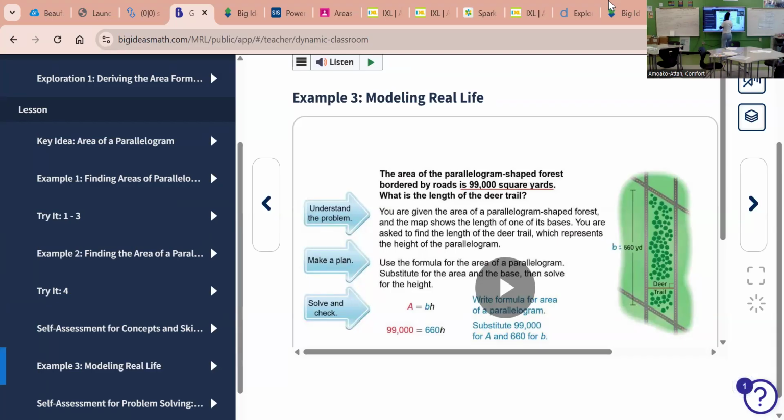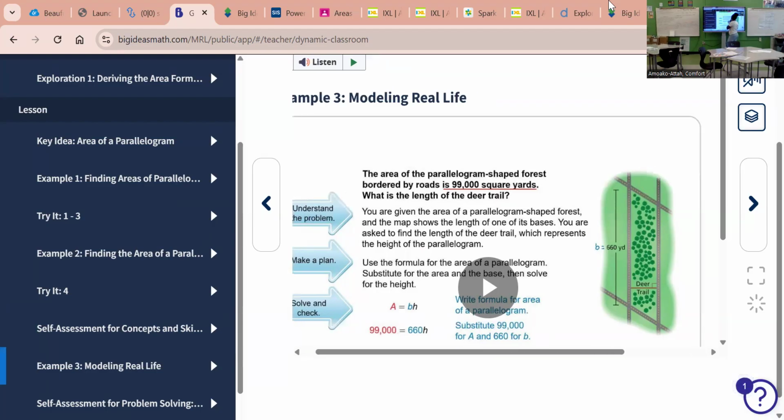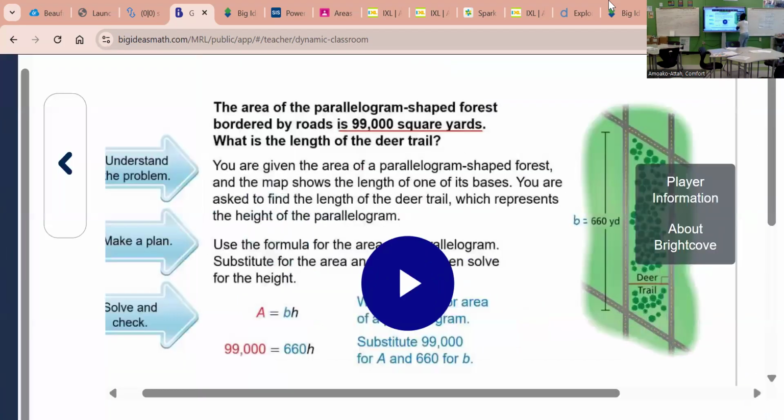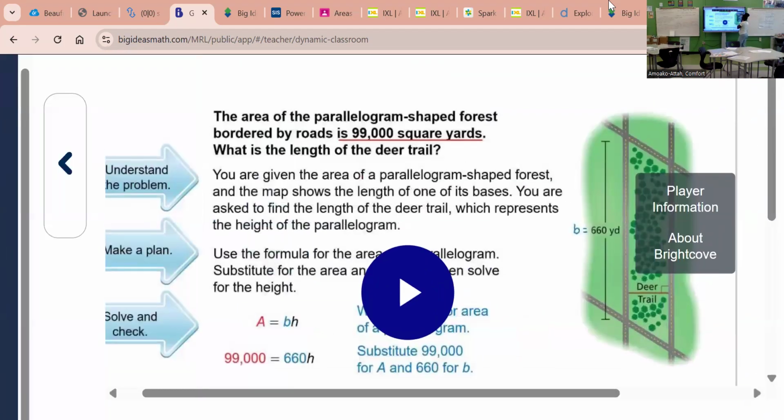All right, there's a question I have for you. You should go and try your hands on the area of a parallelogram-shaped forest, which is 99,000 square yards. So they're giving you the area. What is the length of the deer trail? Over here, this is the trail, let me zoom in. They're giving you the base of the trail to be 660 yards, and they're asking for the length of the deer trail.